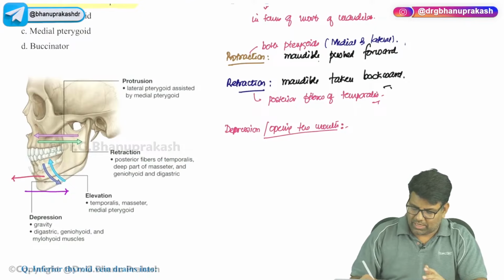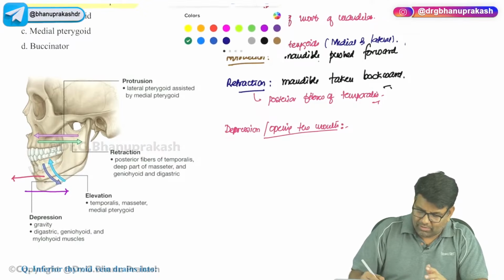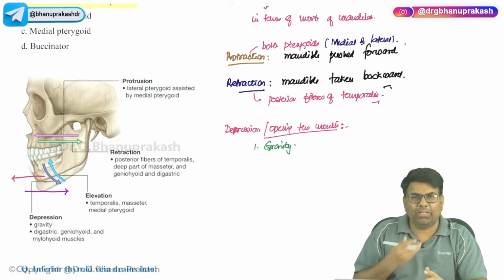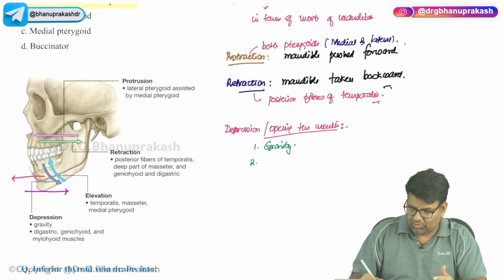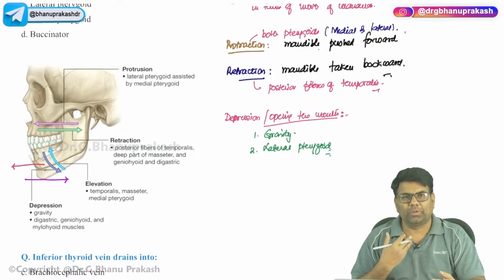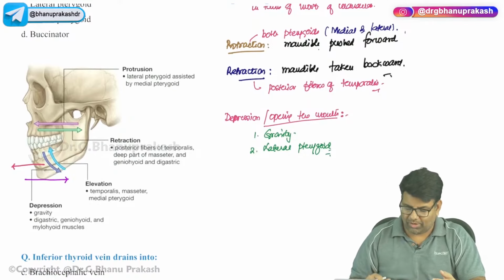This is mainly helped by gravity, easy to take it downward, and it is supported by the lateral pterygoid. Clear? So depression or opening the mouth is by gravity and lateral pterygoid.